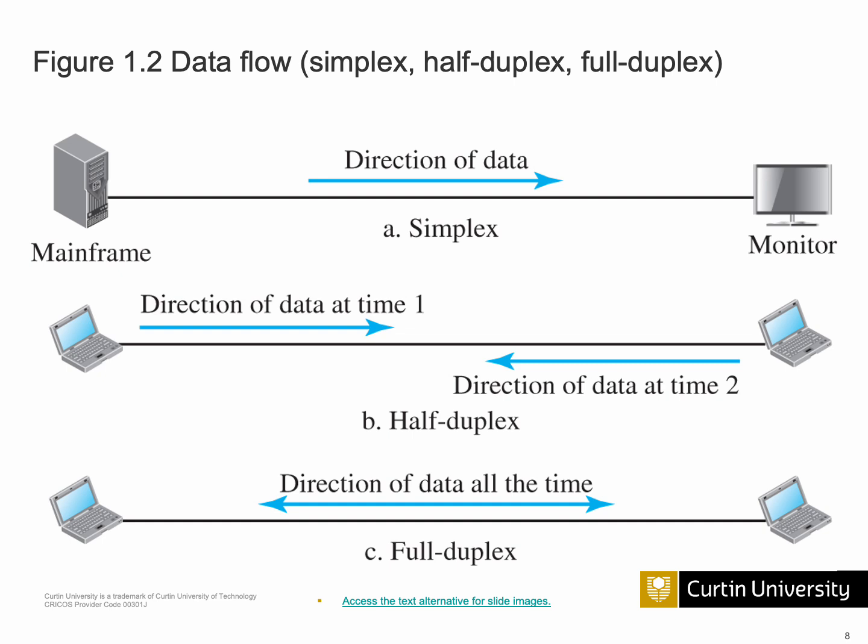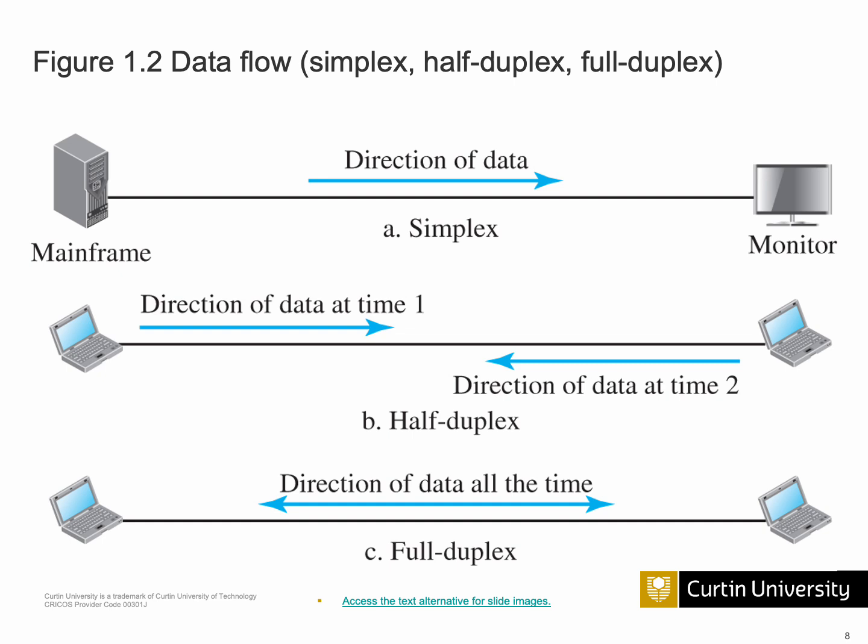Then we have half duplex. In this case, both the devices can transmit and receive. However, they cannot do that at the same time. So when one device is sending, the other can only receive. One example is walkie-talkies. And then we have the third figure, the full duplex, where both stations can transmit and receive at the same time.